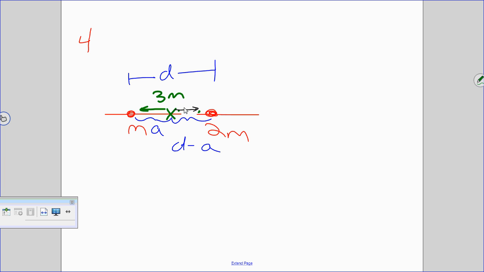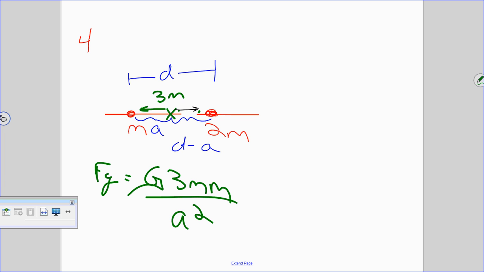That green force of gravity is going to be G times, and the black one is, cool. So we set those two things equal to each other and solve, right?